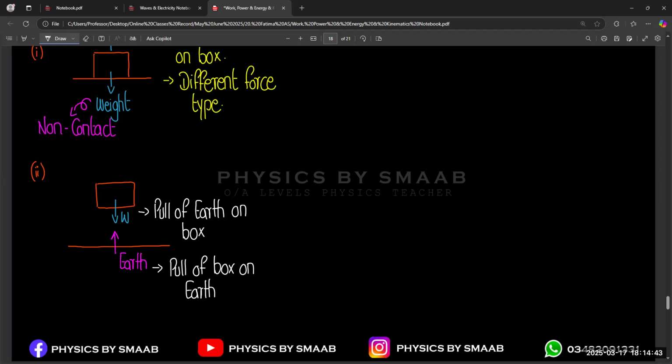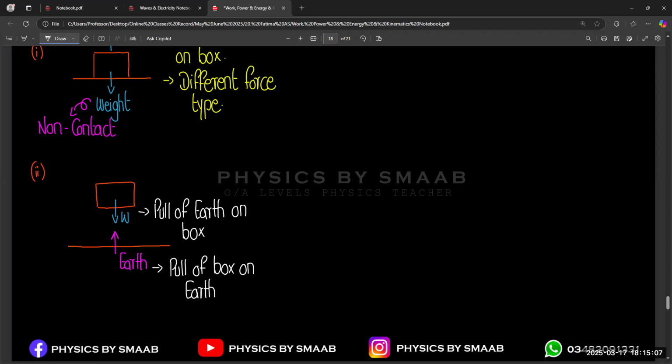Right? So now in this case, we have the same type of forces. We have an action reaction pair. One force is acting on the earth, the other force is acting on the box, so they are opposite to each other. Because of gravity, they are exerting force on each other: the box hits the ground and exerts force on the ground, and the ground also exerts force on the box.